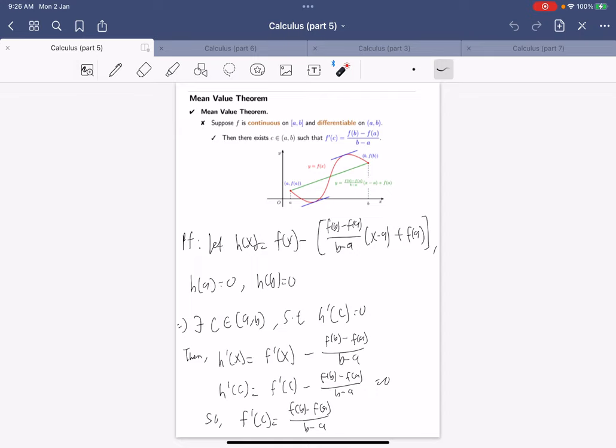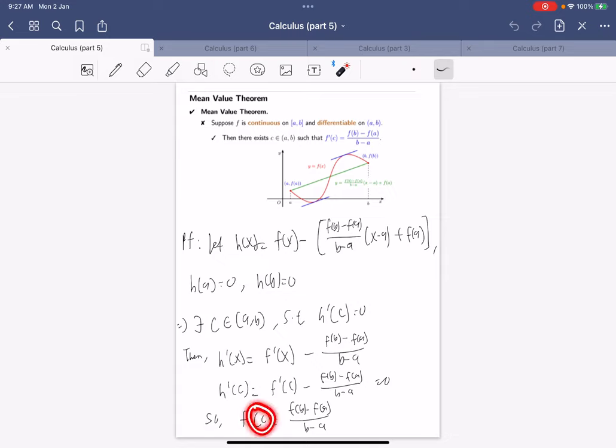We can shift it back by subtracting this line. Then the endpoints both become 0, and since they are the same value, there will exist a c such that h'(c) is 0. If you differentiate this expression, h'(c) being 0 just means f'(c) equals (f(b) minus f(a)) over (b minus a). Sorry, earlier I meant h'(c).